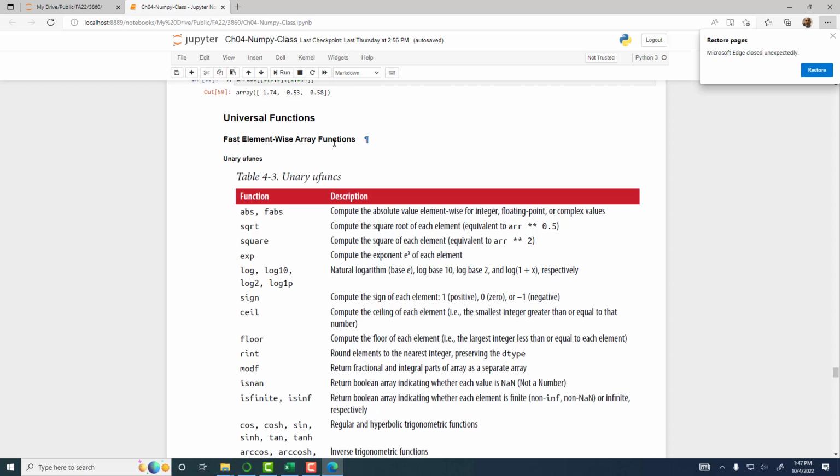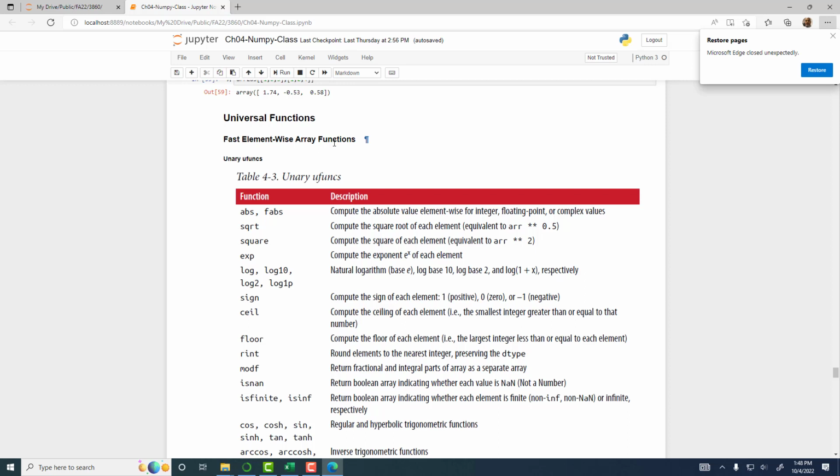Floor would be round down, okay, irrespective of the decimal value. Ceiling will always, if you have like 5.01, it will be rounded up to 6, irrespective of the decimal value. And same way, floor will take you down to the highest integer value possible.